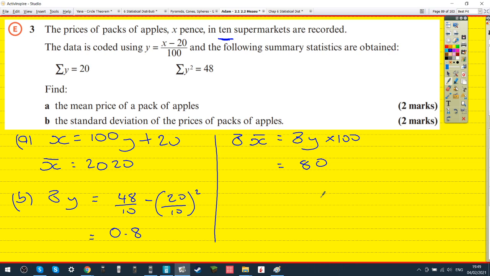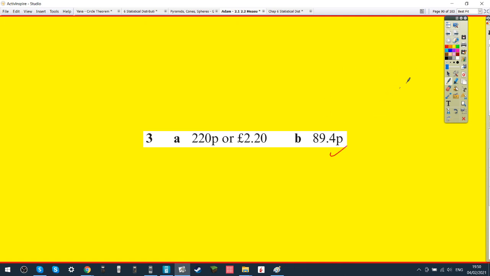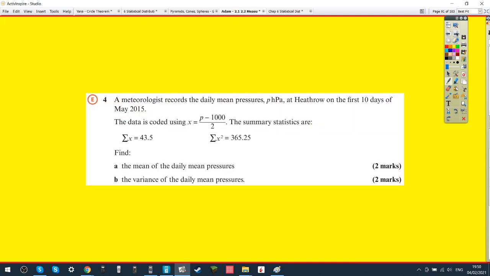Sigma y squared is 0.8. Do we square root it? Yes, we square root it. So we square root 0.8, which is a bunch of numbers, and then you times it by 100, which is 40 root 5 or 89.44. Yep, 89.4. Great.